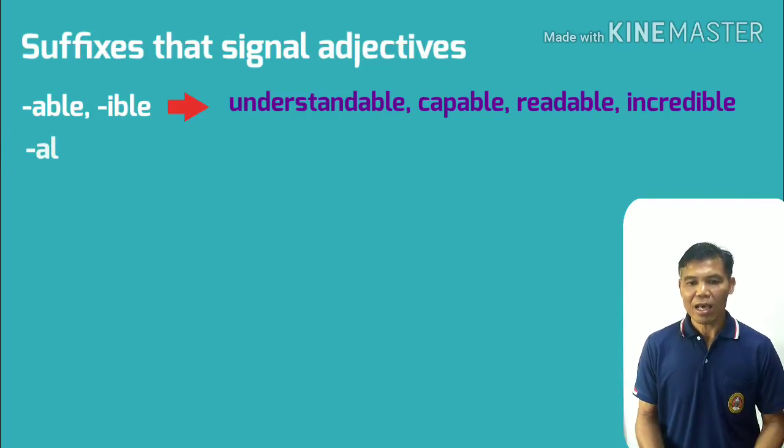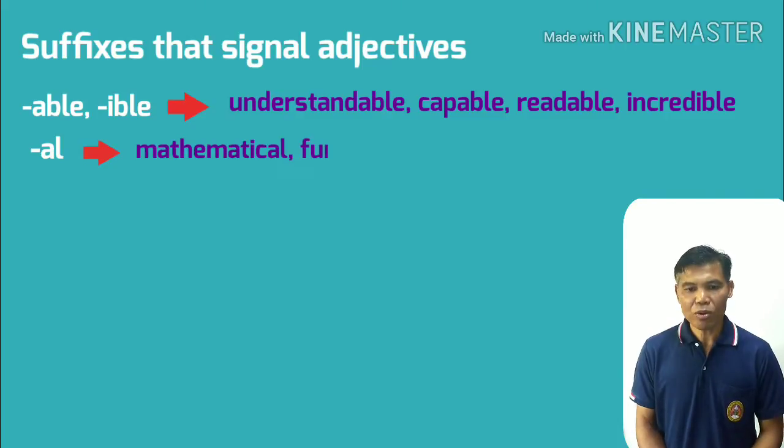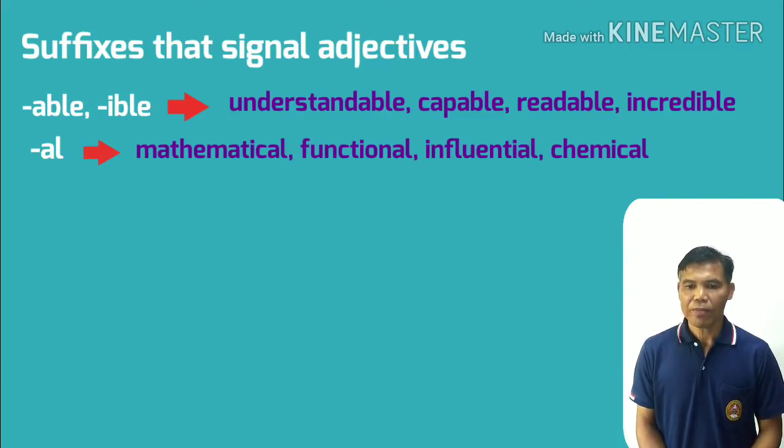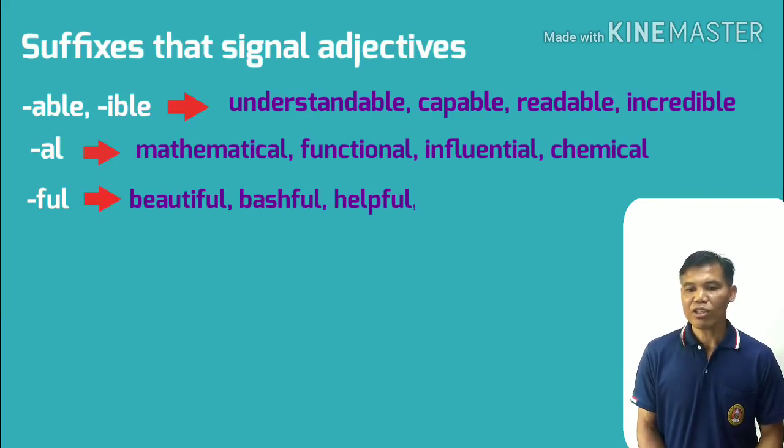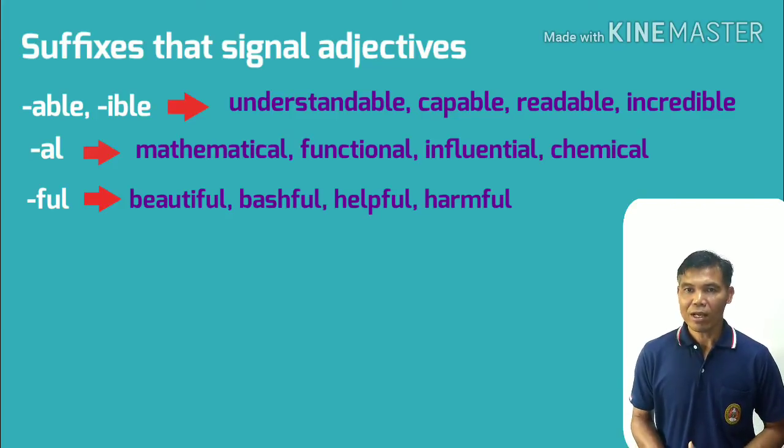The suffix al in words such as mathematical, functional, influential, chemical show that the words are adjective too. If you see words ending with the suffix ful, such as beautiful, bashful, helpful, harmful, you can be 100% sure that these words are adjective.